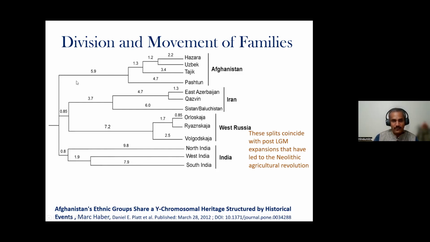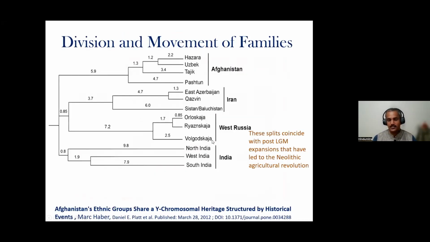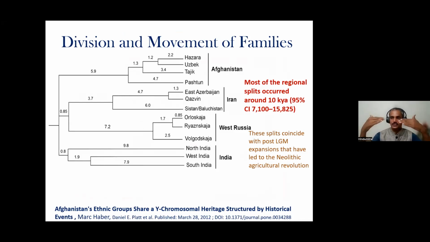From the Afghani tribe, 1,000 years later, another group branched out to Iran and Russia, which exactly fits with the literary evidence we found in our Shastras, and which also coincides with the last glacier melt, a technical term. 12,000 years ago there was a small ice age.